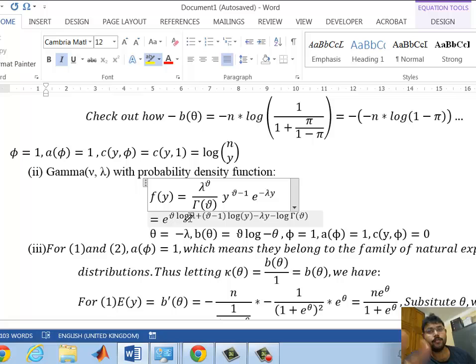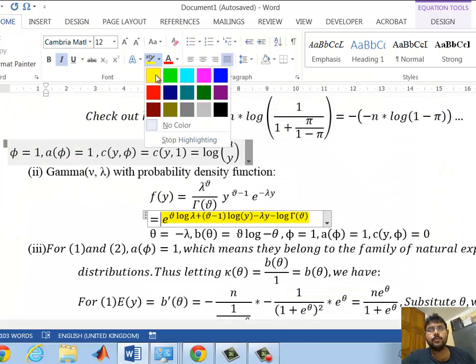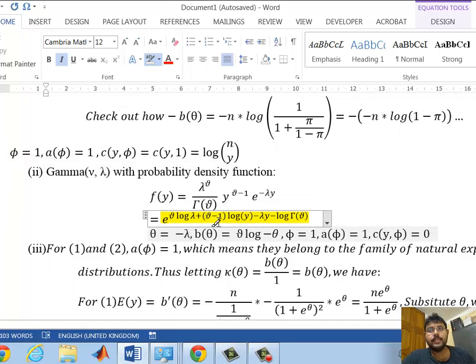Out here I'm trying to do a couple of things. First, I need this highlighted function in the form of blue. So for that, I select the term with y. I'll try to get this in a natural form, where I get theta is equal to minus lambda, because the term associated with linear y is theta, that's minus lambda.